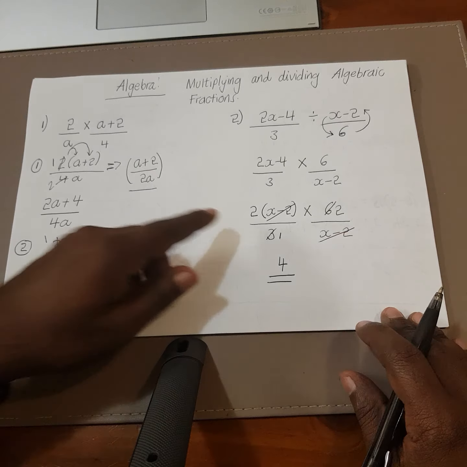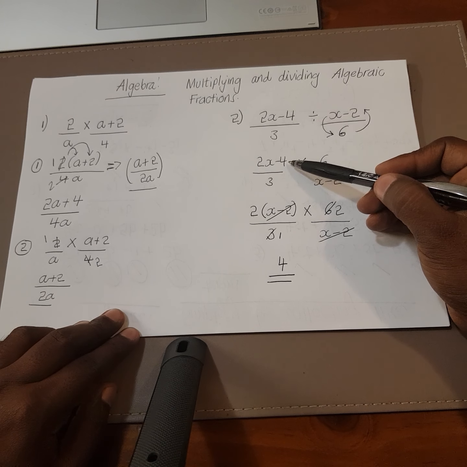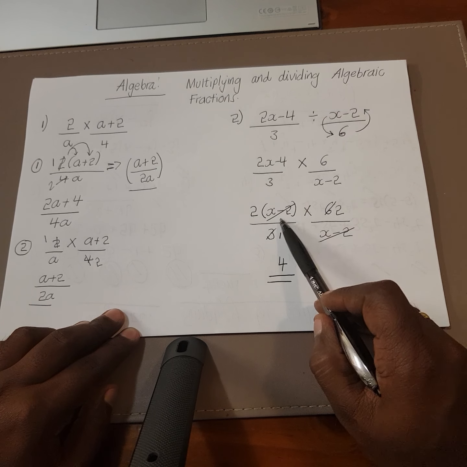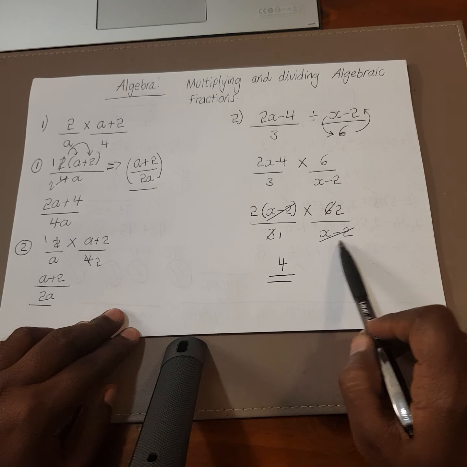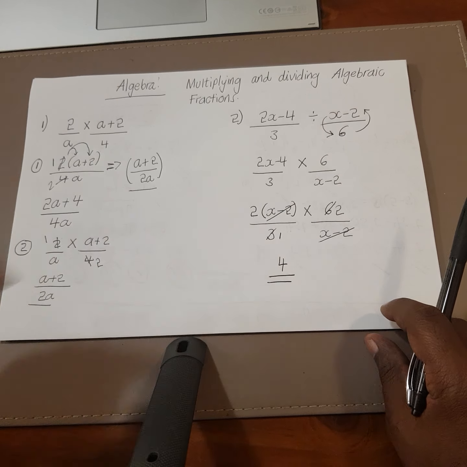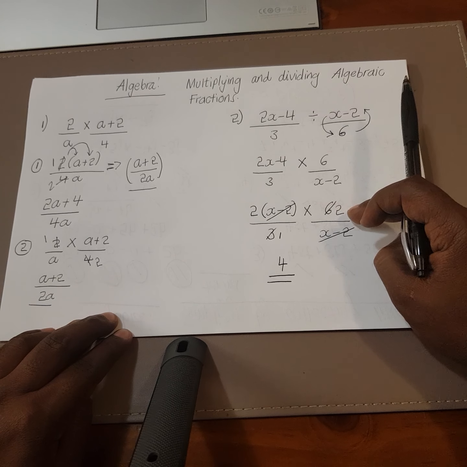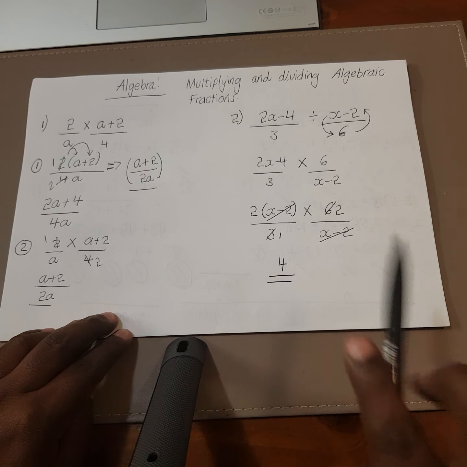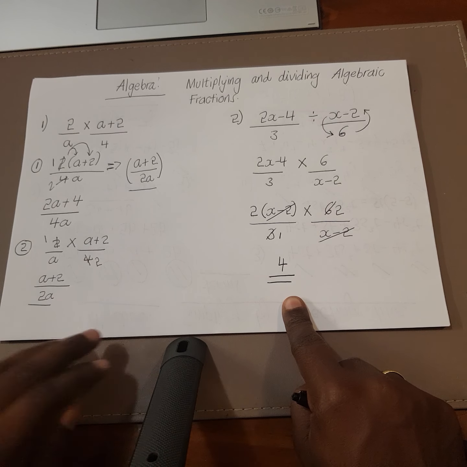So in this question, what we've now done is we've factorized 2x minus 4 to make that, and then you'll notice that there's something common between the x minus 2 and the x minus 2. You cancel that out, and then you will see that 6 and 3 can also be divisible, so you will get 6 divided by 3 is 2, and 3 divided by 3 is 1, and therefore you're going to get 2 times 2, which is 4.